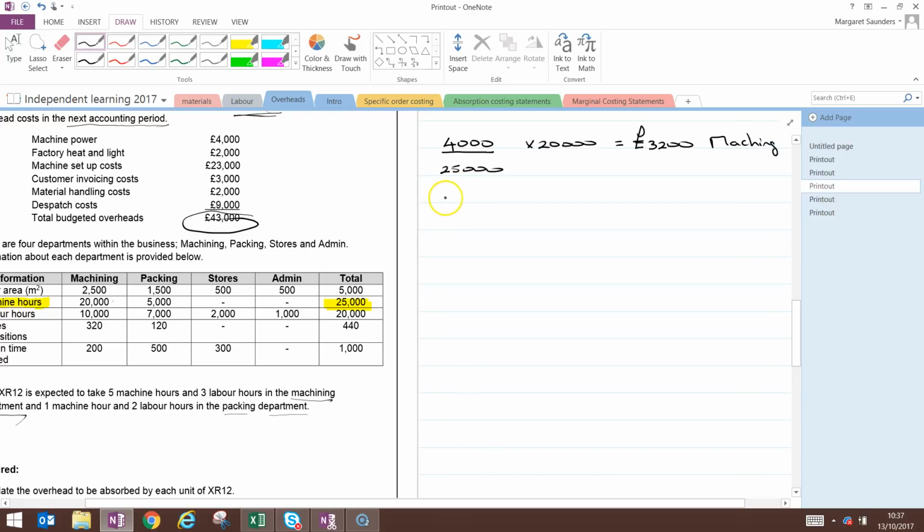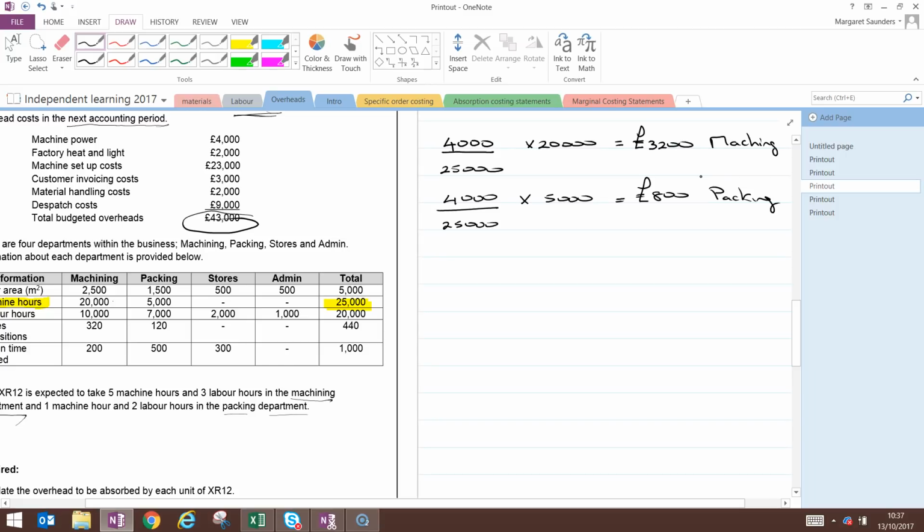Then we do the same thing again. £4,000 in overhead divided by total machine hours. Multiply it by the machine hours in the packing department. So that £4,000 of overhead has been apportioned between the 2 departments, machining and packing, based on the number of machine hours that are operated in each of those departments.